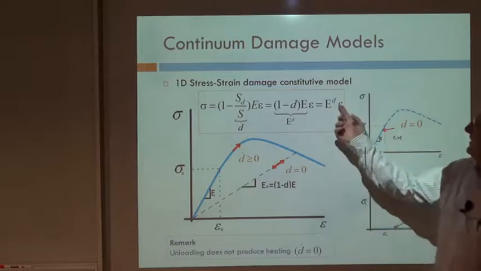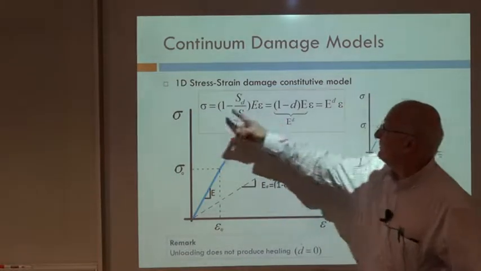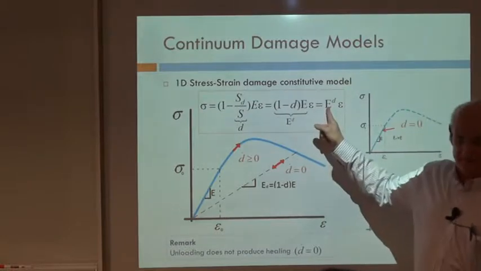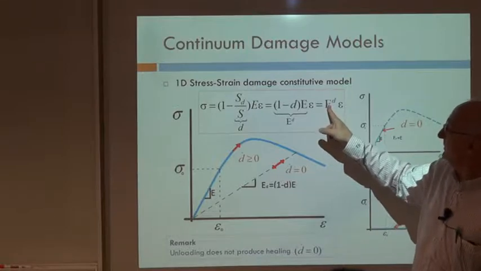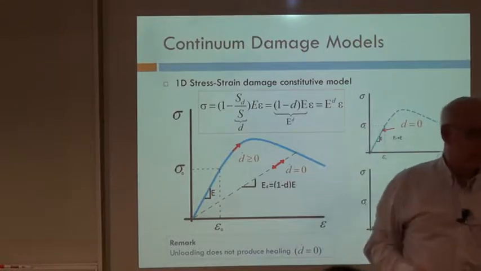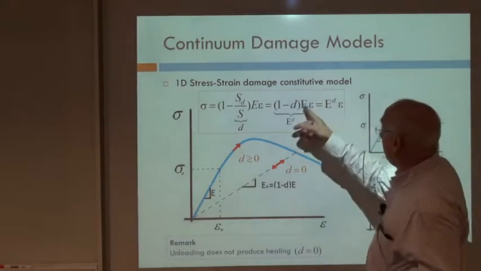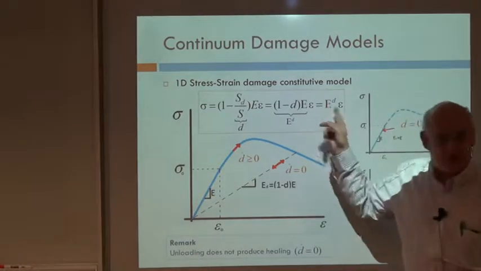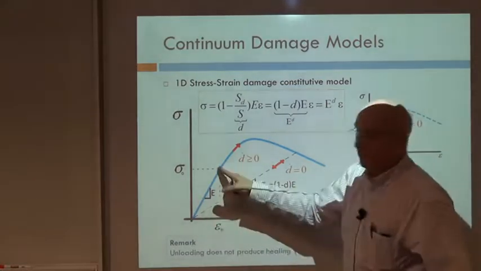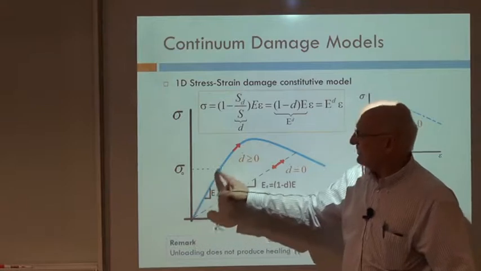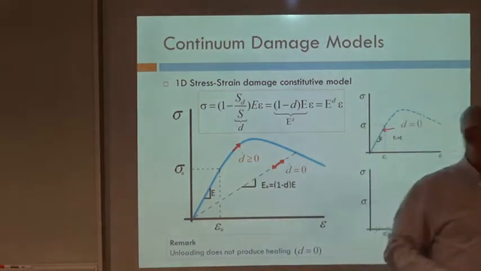Again, don't think that this is a linear relation between the stress and the strains, because this is not constant. The secant Young modulus depends on the history of the strain, so it depends implicitly on the strain. So this is not a linear model anymore. It's only linear up to this point here: double stresses, double strains, triple stresses, triple strains, but beyond that point it is no longer linear.